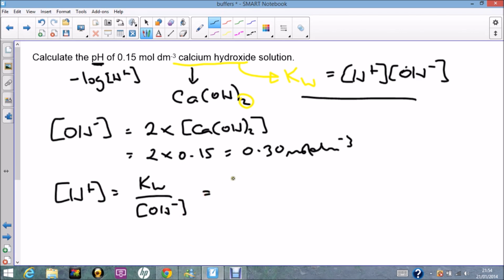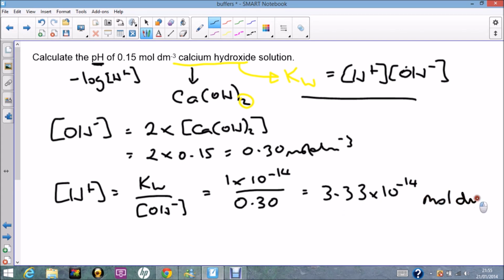Put the numbers in. Remember Kw is 1 times 10 to the minus 14. You don't need to remember that, it's on your data sheet in the exam. We've just said the concentration here is 0.30. Put those into your calculator and find the answer, and you'll get 3.3 times 10 to the minus 14. Remember that's the concentration of H plus, so that is moles per decimetre cubed.